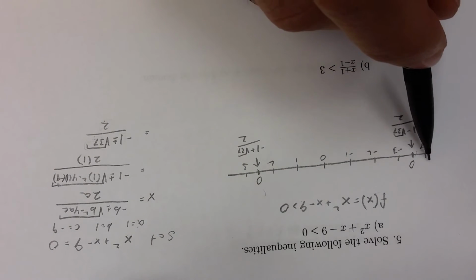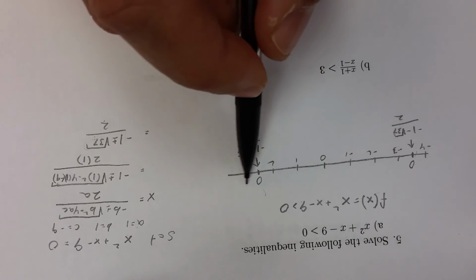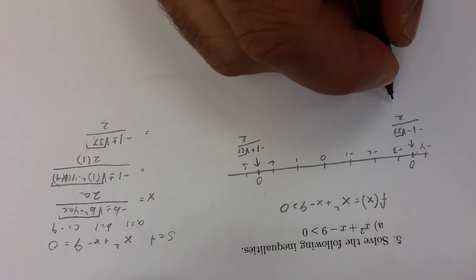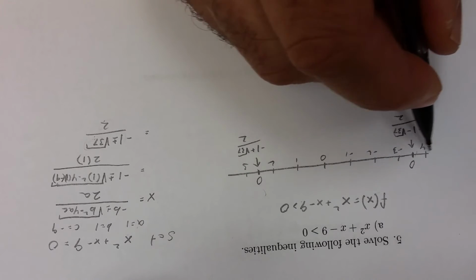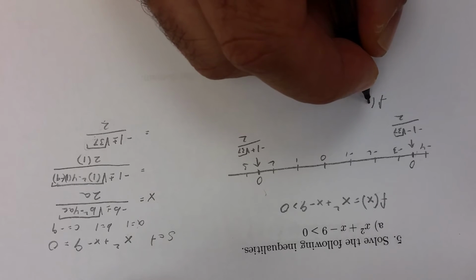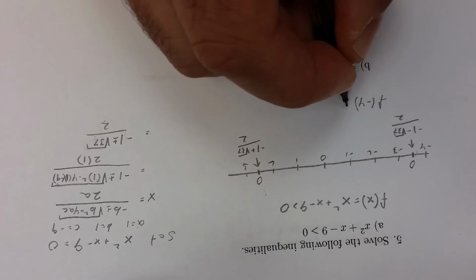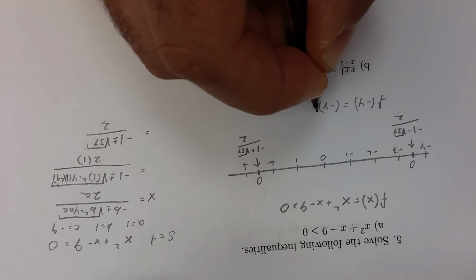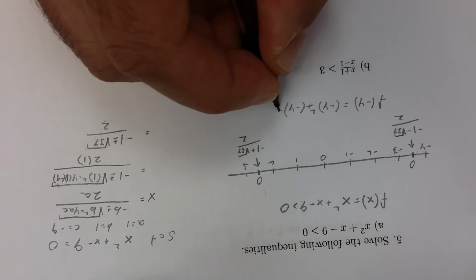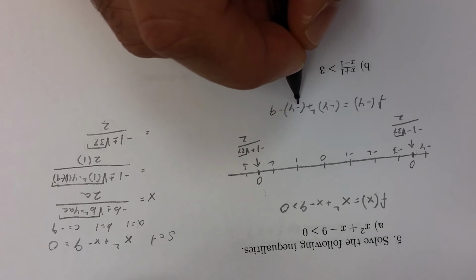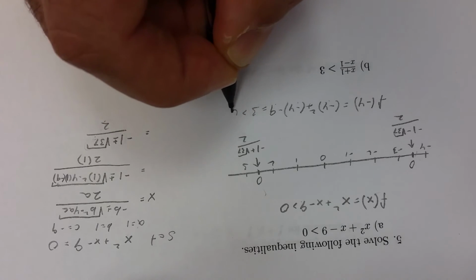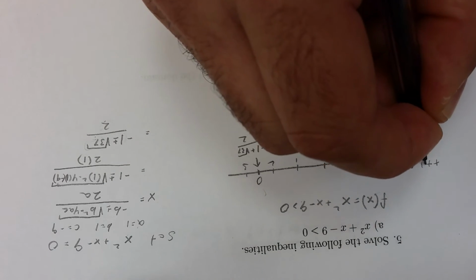But we've chopped the real line up into 1, 2, 3 bits. Let's just plug in one from each part. I'll plug in one to the left of minus 1 minus root 37 over 2. How about minus 4? So f of minus 4 is minus 4 squared plus minus 4 minus 9. That's 16, minus 4 is 12, minus 9 is 3, which is certainly greater than 0, so it's plus over here.